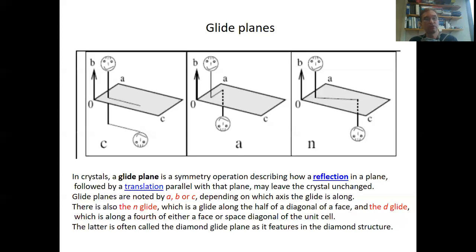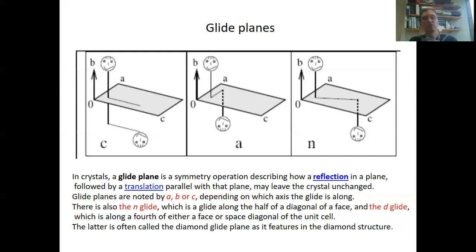So let's say you have a crystal structure. Then you can draw your glide plane into it. That defines what glide plane it is, because the direction along which you have to translate defines the name of the glide plane. So if you were to ask the question, just stating there's a B glide plane would be enough. You wouldn't have to say AB or something like that.